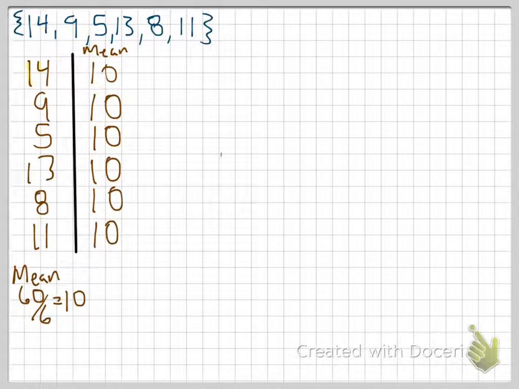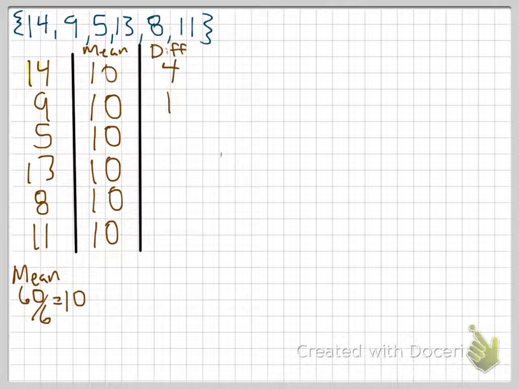And then we go to the difference, now the difference from each data value to the mean, so we got 4, 1, 5, 3, 2, 1.